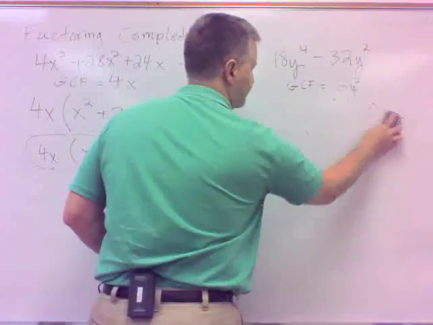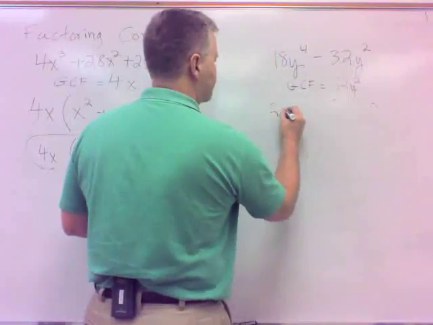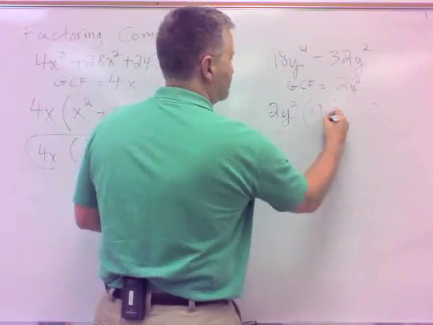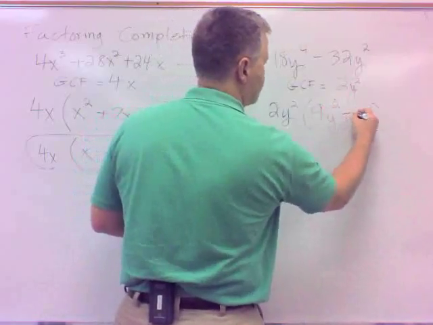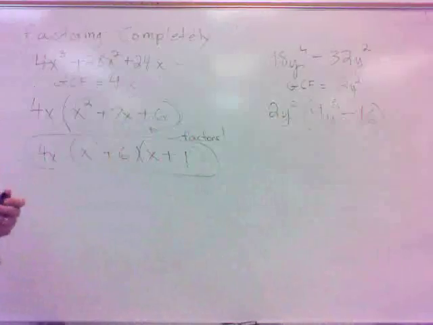Try that again. 2y squared times 9y squared minus 16. I think that's a new pen, and it's not working hardly at all.